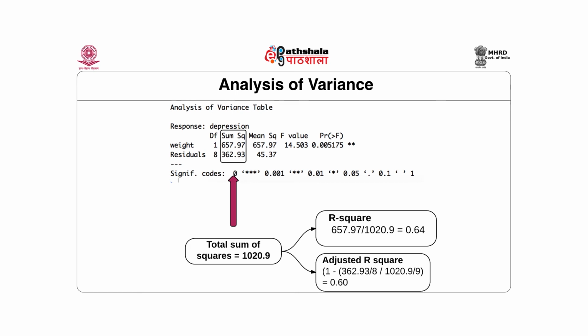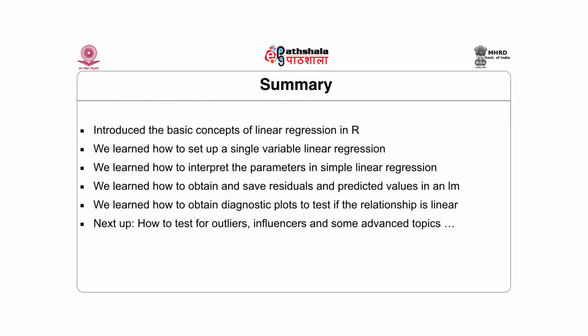So we stop here, and before we get into the next phase, which is part 2 of the regression model, let me repeat and summarize what we have learned. We have covered some very basic notions of conducting linear regression of two variables in R. We have seen you can set up a single variable linear regression, which basically means that we have one outcome variable and one explanatory variable.